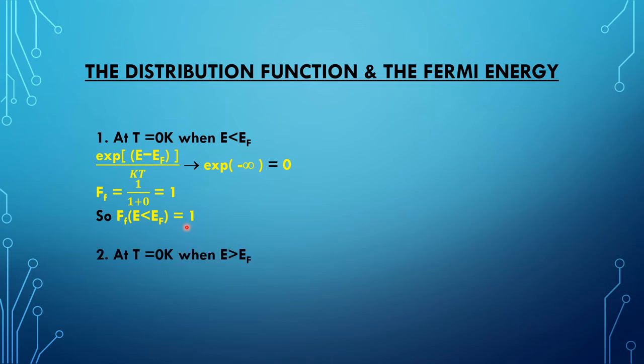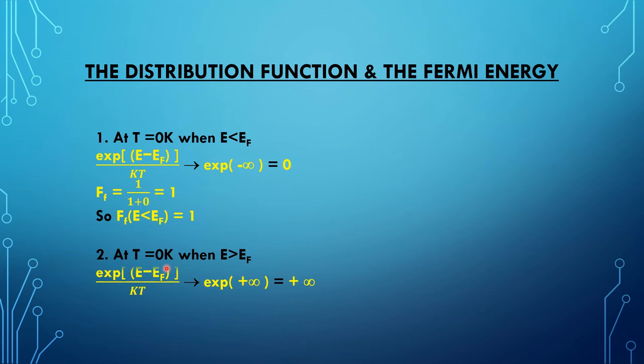Right. Second case, at T equal to 0 Kelvin, that means at absolute 0 temperature, when electron energy is greater than the Fermi energy, that means when electron energy crosses the Fermi energy, it means the electron from the valence band reaches the conduction band.